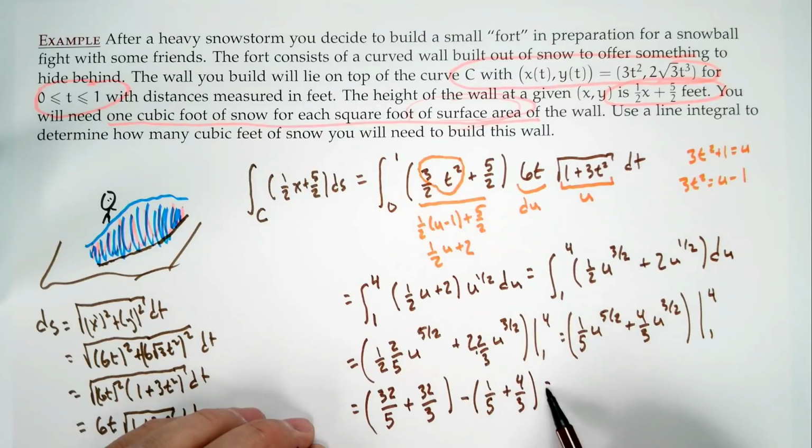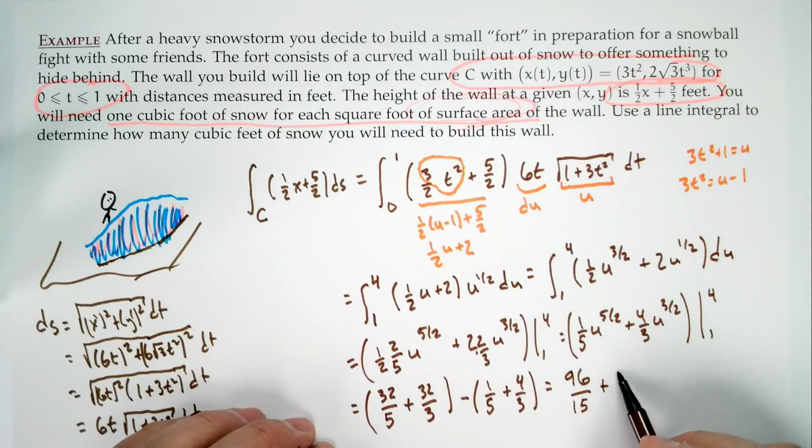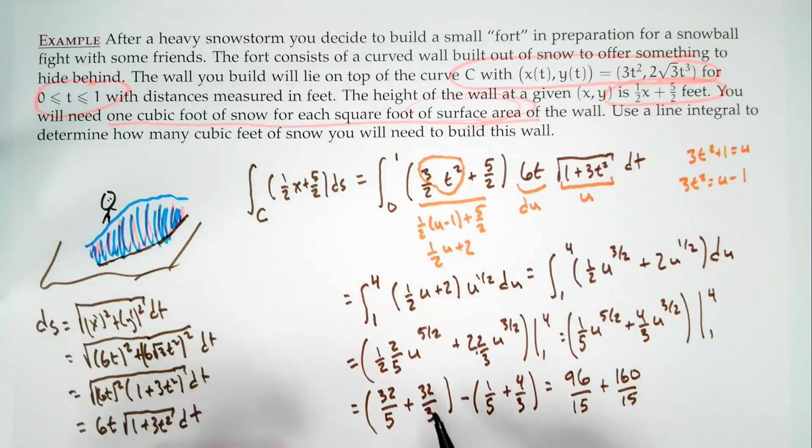Now, common denominator will be 15, 5 times 3. So we're going to get 96, because I multiply by 3, over 15, plus, big one, that'll be 160 divided by 15, because you multiply 32 times 5, well 30 times 5 is 150, then you have another 10.